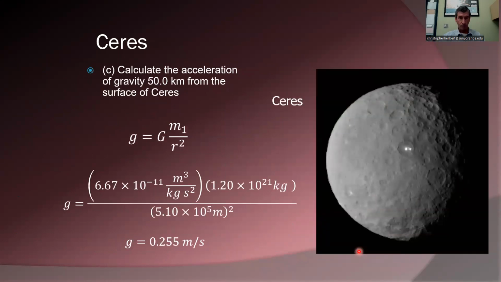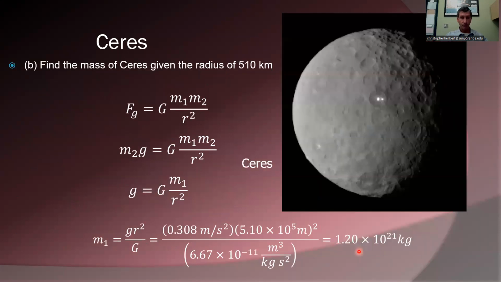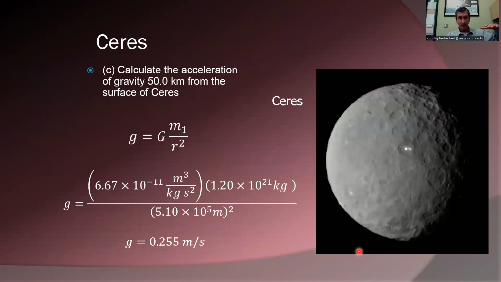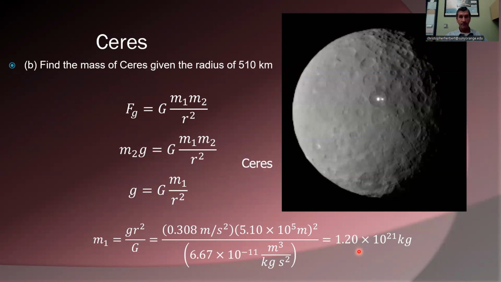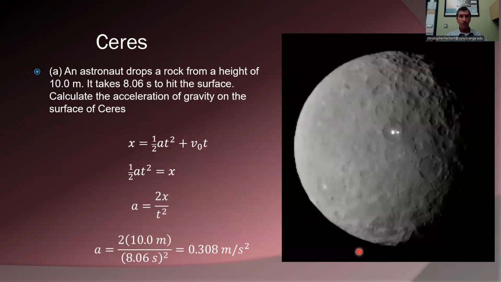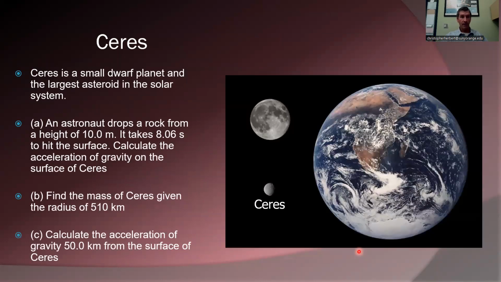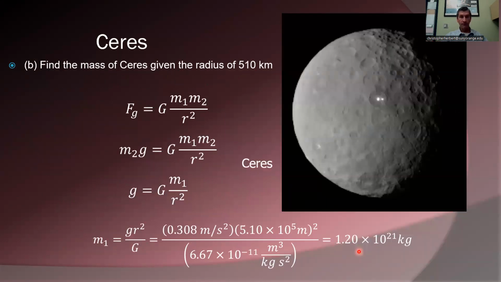Once again, we're now going to move from the surface and calculate the acceleration of gravity at another 50 kilometers away from 510 kilometers, which represents the surface. If we add this additional distance, we have 560 kilometers.